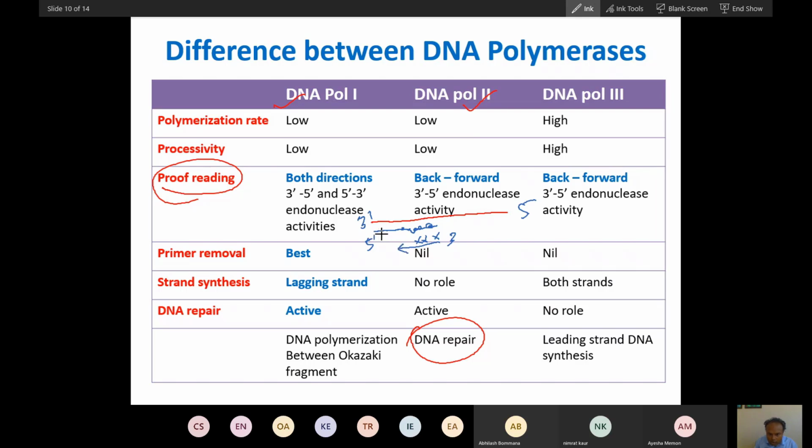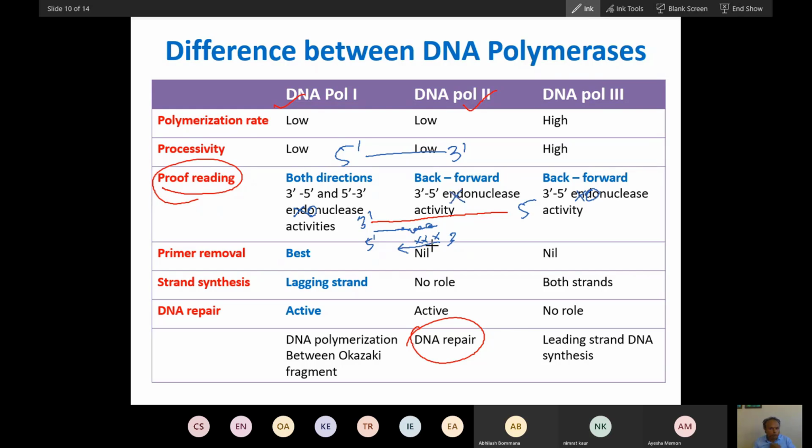You have seen the synthesis from 5 to 3; now you can see removal of bases from 3 to 5. This is called exonuclease activity. Sorry, not endonuclease, exonuclease activity.